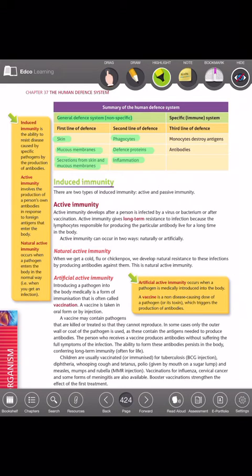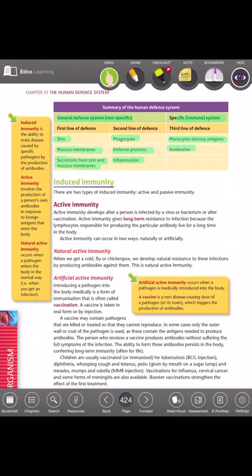And then your specific immune system is your third line of defense. Your monocytes, they destroy antigens, and also your antibodies as well. And these work in tandem with each other. So your antibodies usually attach to your antigens, and then they are digested by things like your monocytes and lymphocytes. Okay.